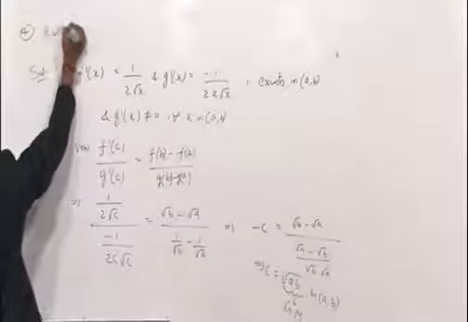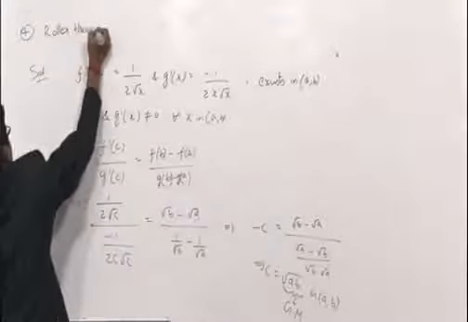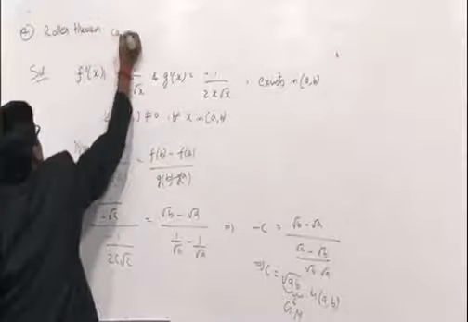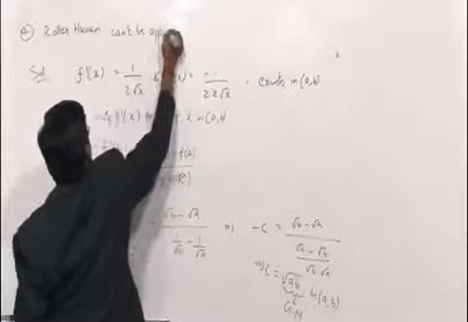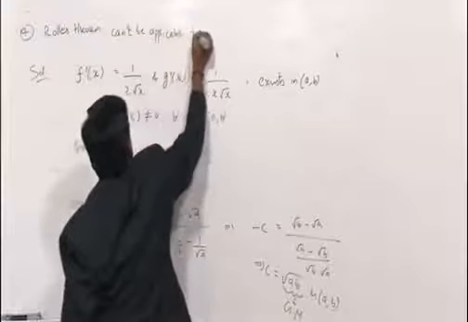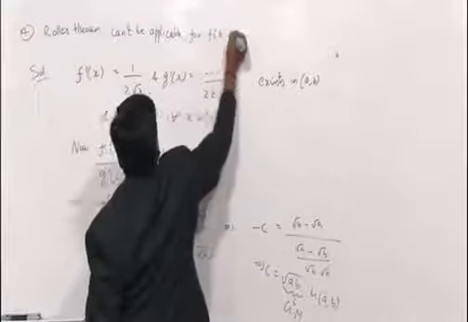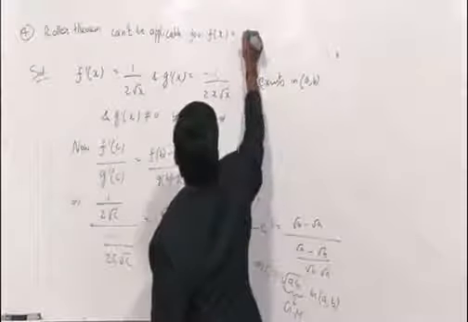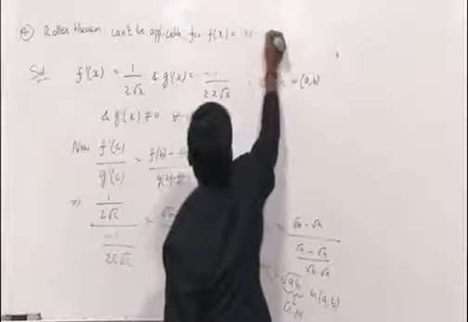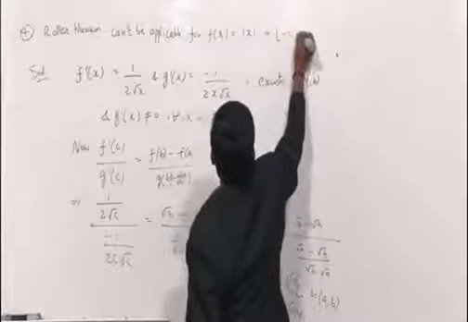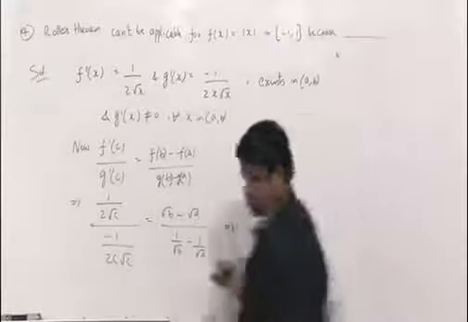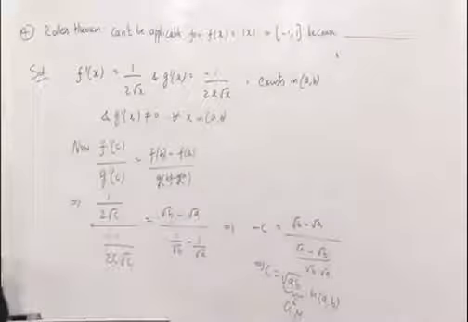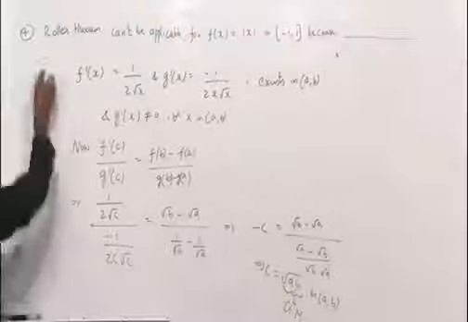Rolle's theorem cannot be applicable for f(x) equal to mod x in (minus 1, 1), because I want the reason. Later you try. One more question: why is this theorem not applicable? Just recall your basics which I have already given.